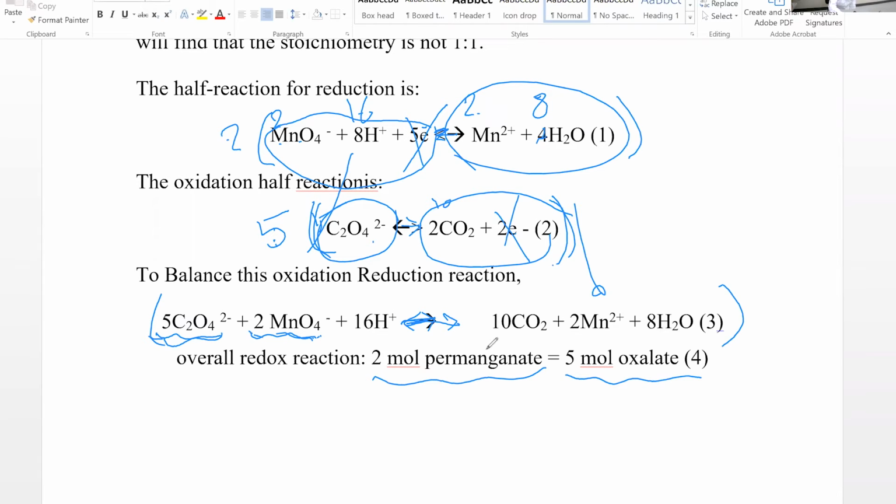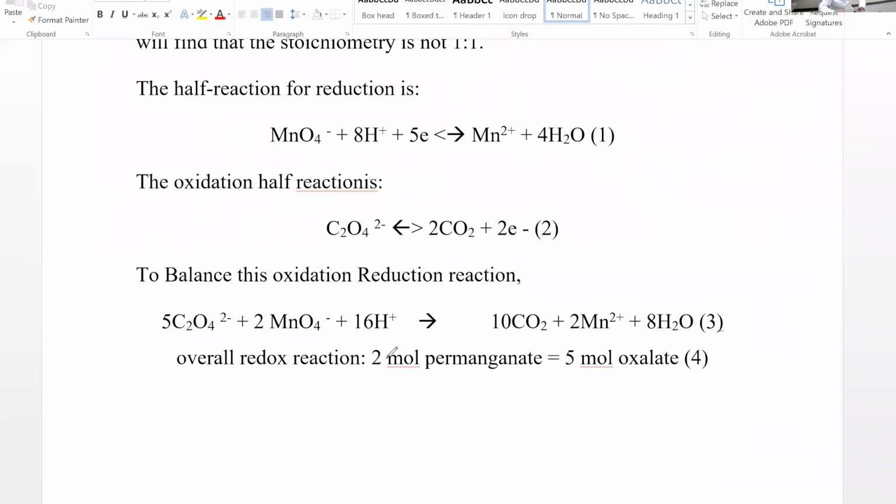And we are using this ratio for our conversion factors. So if we have the moles for permanganate and we want the moles for the oxalate ion, we would multiply by 5/2. So that ratio is either 2/5 or 5/2, depending on which you want to convert to and which one you're converting from.